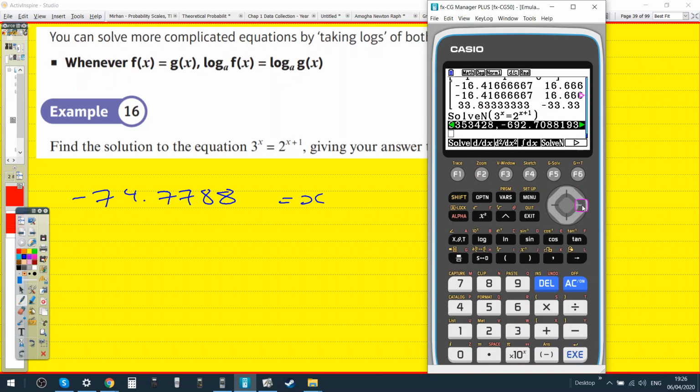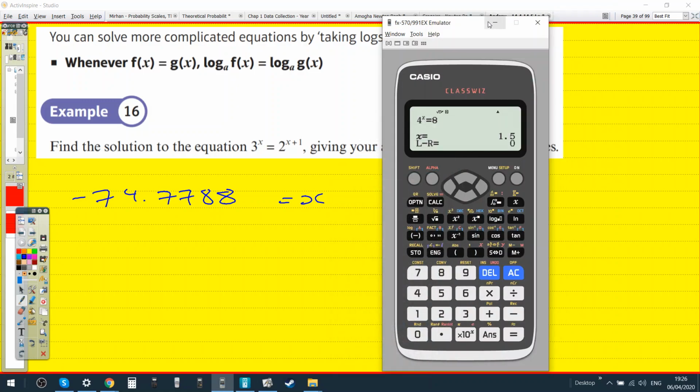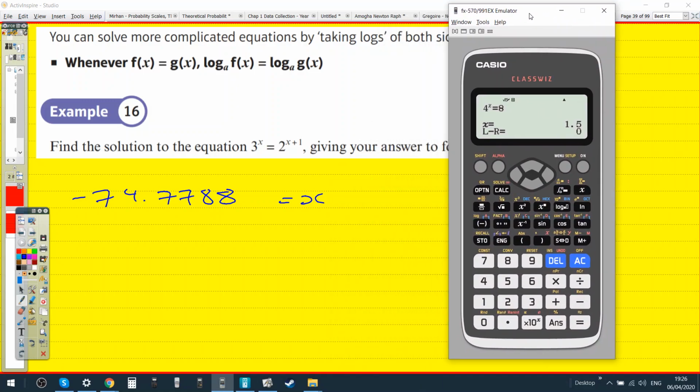It's giving me lots of answers. Go on, you use your calculator, see what you get. Simple calculator. Ooh, I've never seen it like this before. This is really... Okay. Simple calculator. I know what happened.